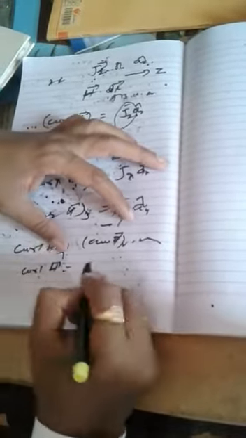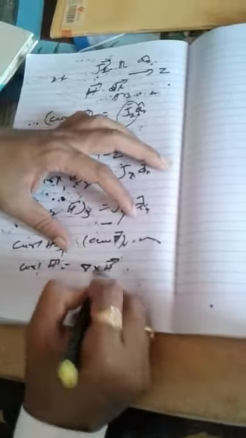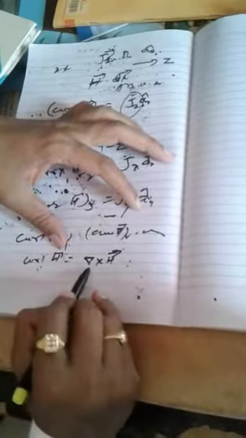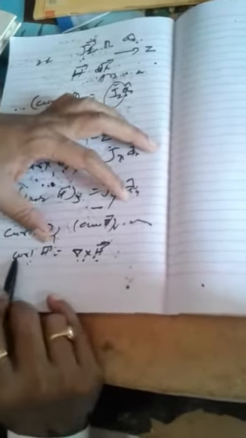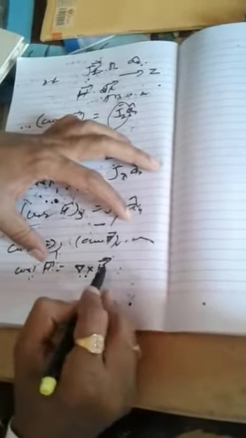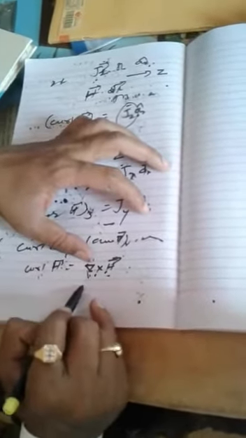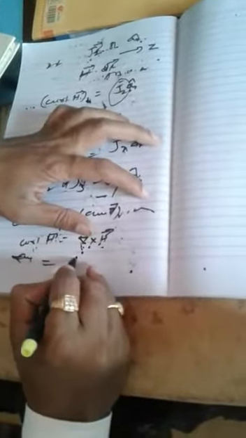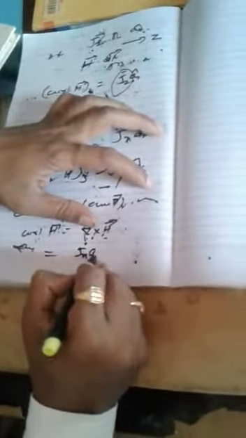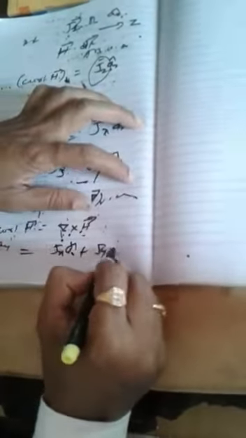We know the curl of H is equal to del cross H. Curl is always del cross H, divergence is del dot, and gradient is plain multiplication. So del cross H is equal to Jx ax plus Jy ay plus Jz az.